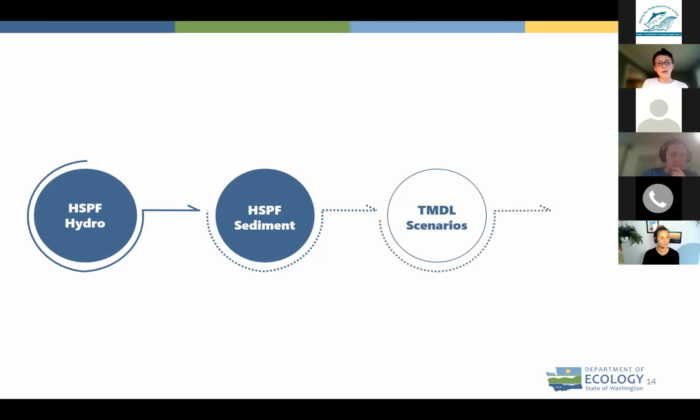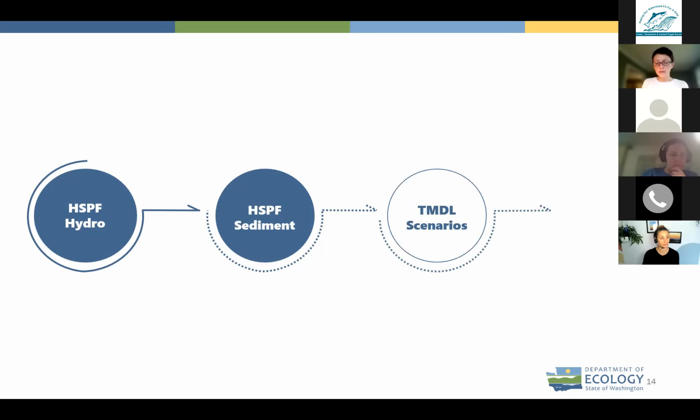Also, as I mentioned, we have invested in acquiring a tool that will help us with the development of scenarios. And I see a lot of involvement from stakeholders at this stage, and I'm looking forward to productive dialogue between Ecology and jurisdictions to develop these scenarios.